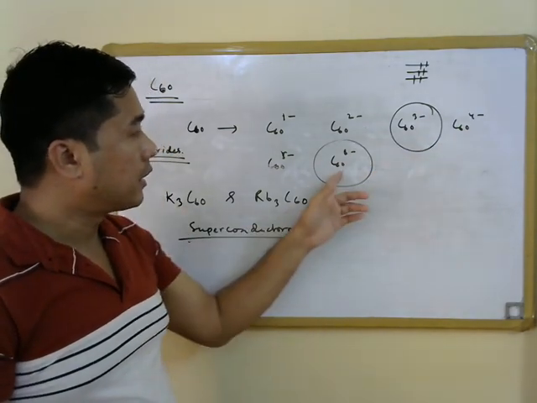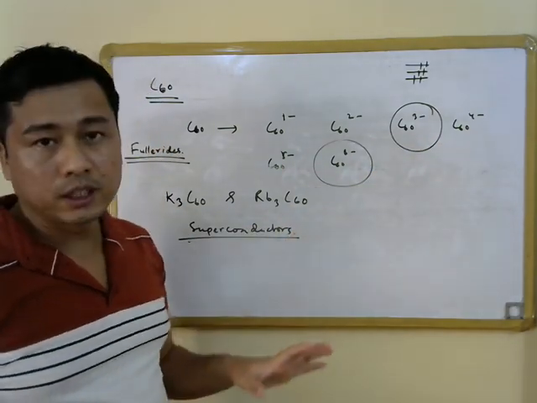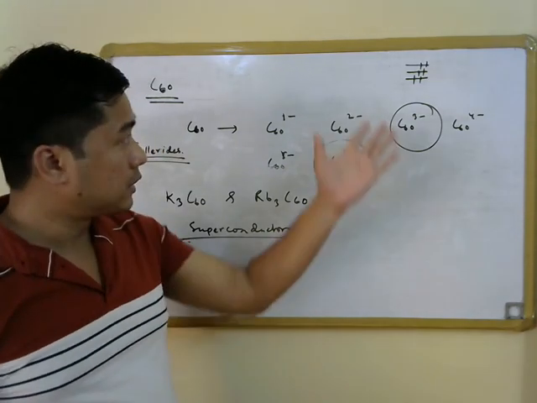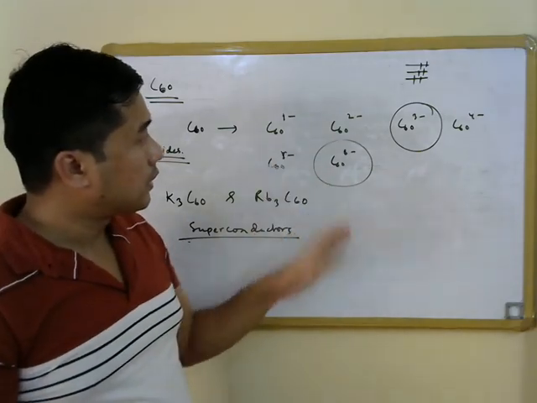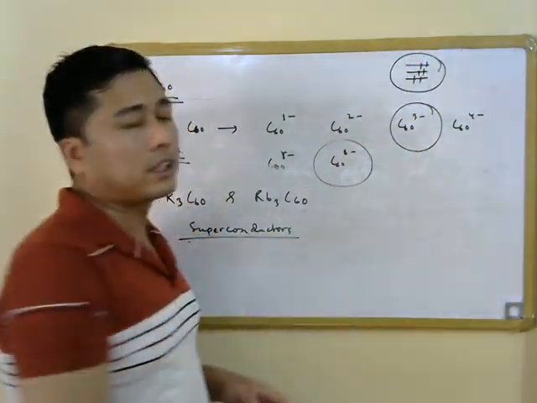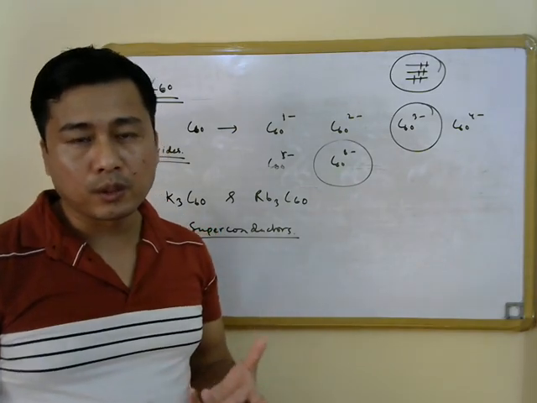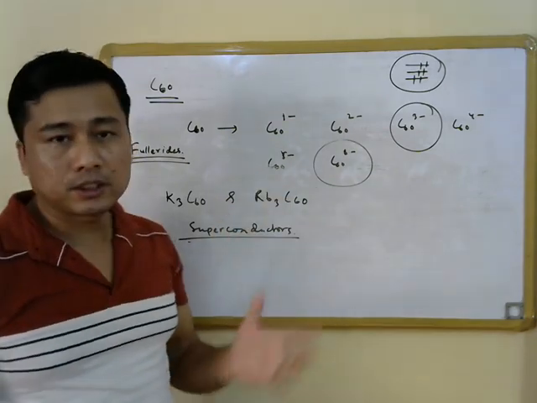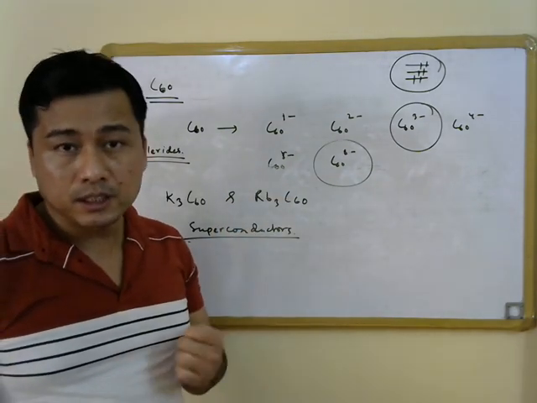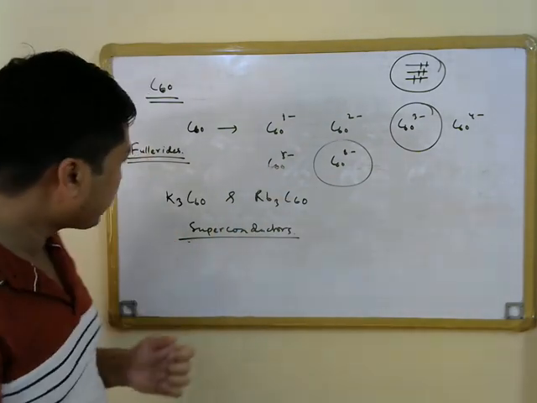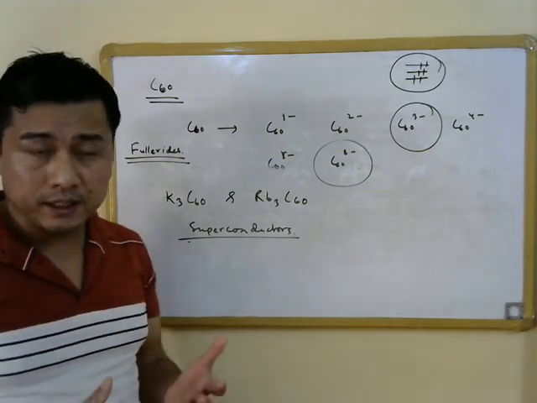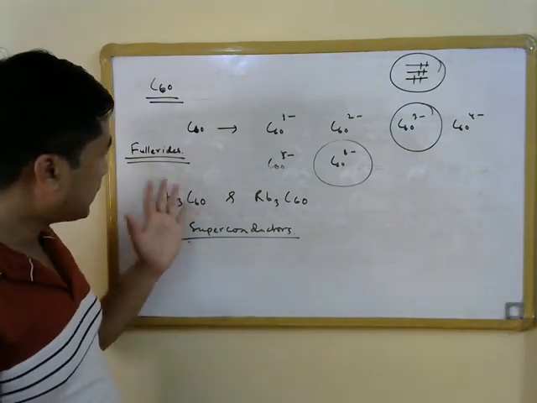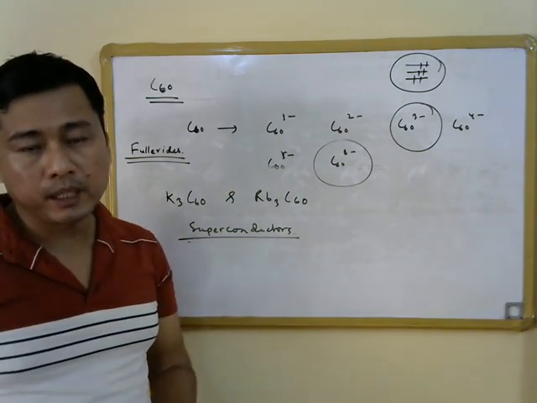That is because when we fill electrons in the conduction band of this fullerene, which is triply degenerate, then after filling 6 electrons there are no unpaired electrons left, and that is why M6C60 behaves as an insulator, while for M3C60 the conductivity is highest. Two of these examples, K3C60 and Rb3C60, behave as superconductors as their resistivity is 0 at a specific temperature.